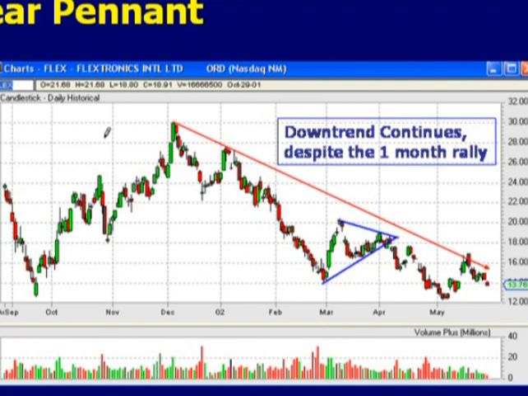Now, I'm not trying to belittle bear pennants here, okay? But if I go with simple trend line trading, I don't have to worry about this as much, okay? Because I expect the thing to break down, but of course I expect it to stay underneath my trend line as well. And my rule is very simple. When I get a close above my trend line, I am out.